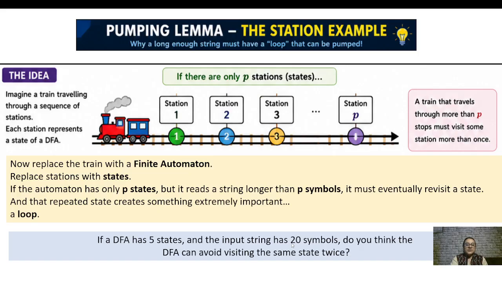So let me ask you a question. If a DFA has 5 states and the input string has 20 symbols, do you think the DFA can avoid visiting the same state twice? No, a repeated state is unavoidable.